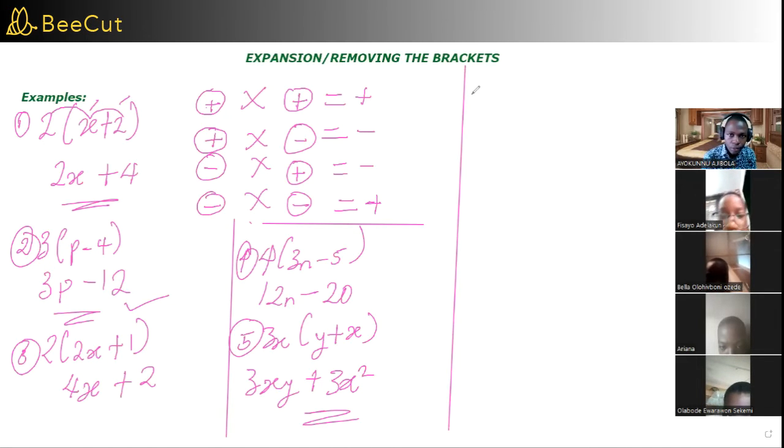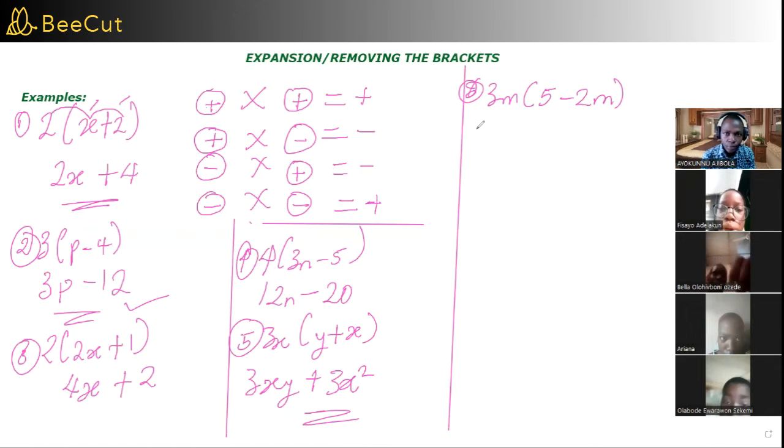So I have number 6. If you are busy writing, you're not concentrating, you are on your phone. So 3 times 5 is 15, so I have 15m here. Then 3 times 2 is 6, so I have minus 6m squared, because of m times m.